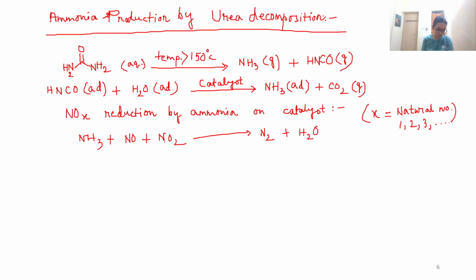Now for balance, 2NH3, 2N2, 3H2O. Okay, similarly 4NH3 plus 2NO plus O2 will give 3N2 plus 6H2O.